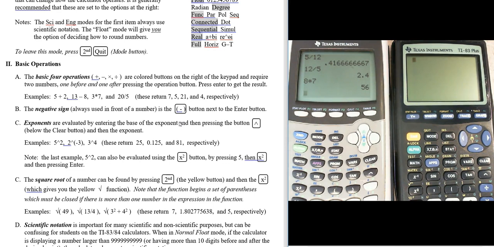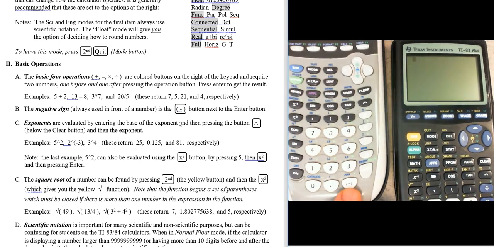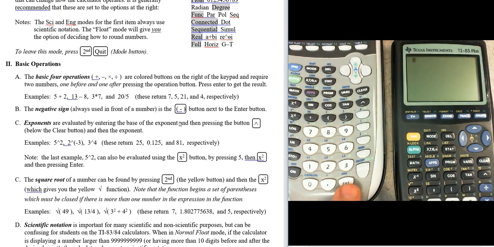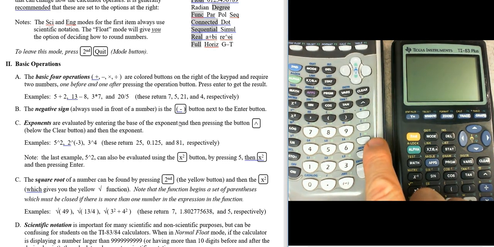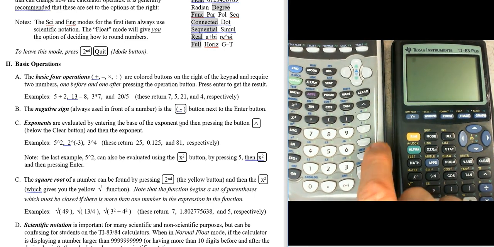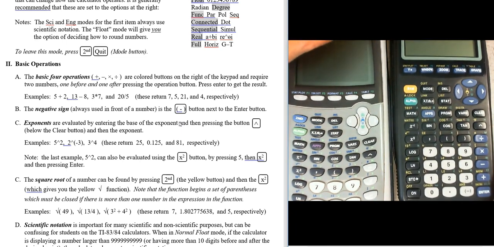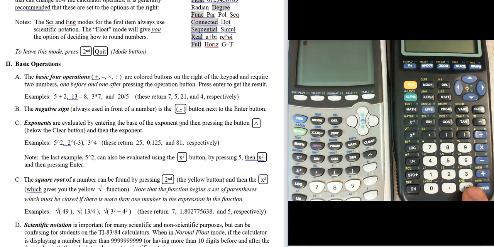Now the negative sign is something that students get confused with too. The negative sign is at the bottom of the calculator right here, and that's different than the subtraction sign, which is right here. The same thing for the TI-83. This is the negative sign, while this is the subtraction sign.